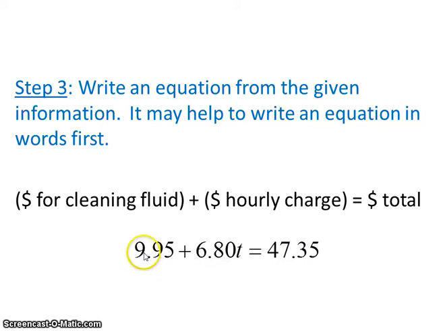So our price for the cleaning fluid is $9.95. Our hourly charge is $6.80 per hour. So if we multiply $6.80 times the number of hours that she rented it, which we've already defined as the variable t, that'll give us our hourly charge. And we add those two together, we're going to say that that's equal to the total, which is $47.35.